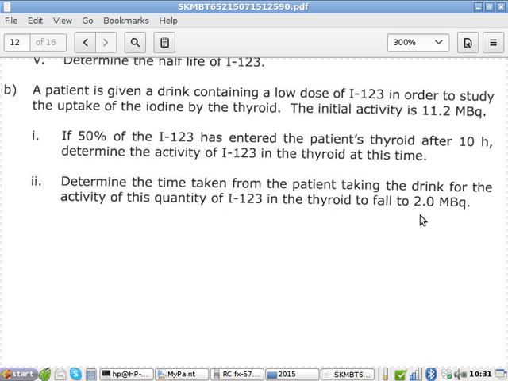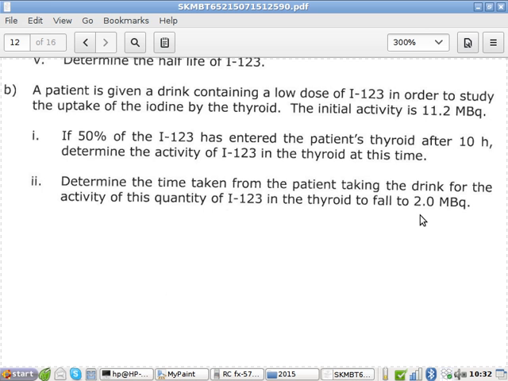Think you got the part 1 done? The decay constant.